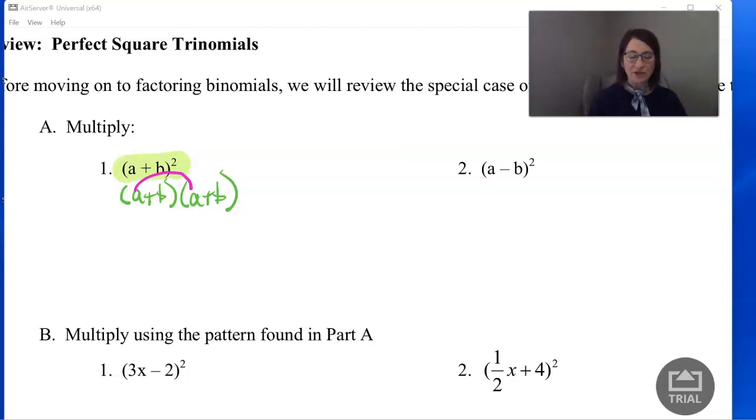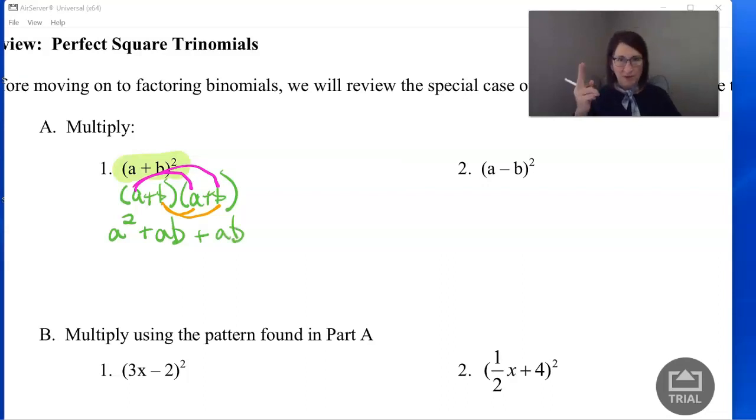So I take that first term, multiply it times each of the terms in that second binomial, and I just get a squared plus ab. Then I take that second term, b, and multiply it times the two terms in that second binomial. And so I get ba, which is the same thing as ab.